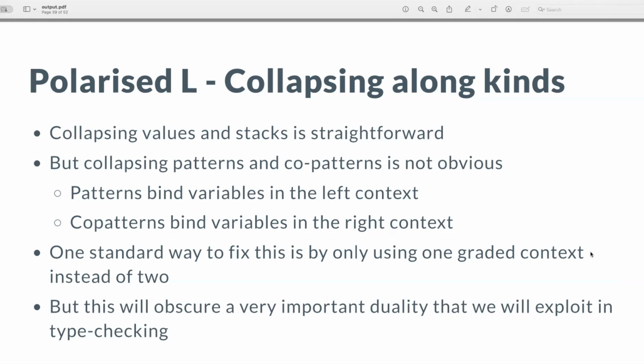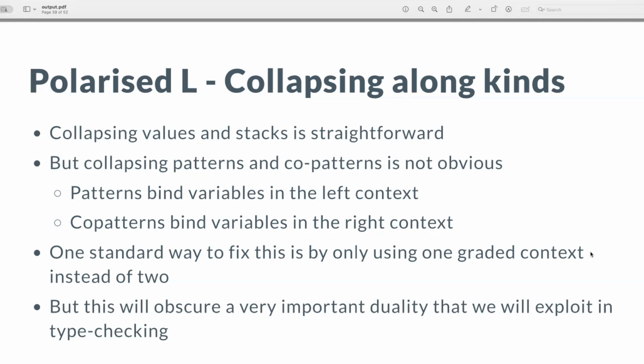The standard way in the recent papers on System L is to use gradings and annotate the variables with producer-consumer grading and have only one context. I didn't do this because the type checking algorithm I will show you will actually heavily rely on the shape of these contexts, so they need to be split.